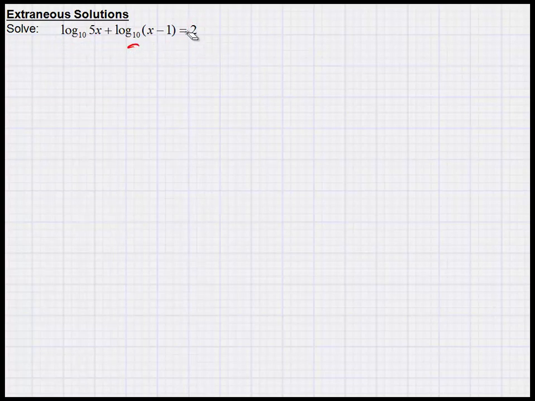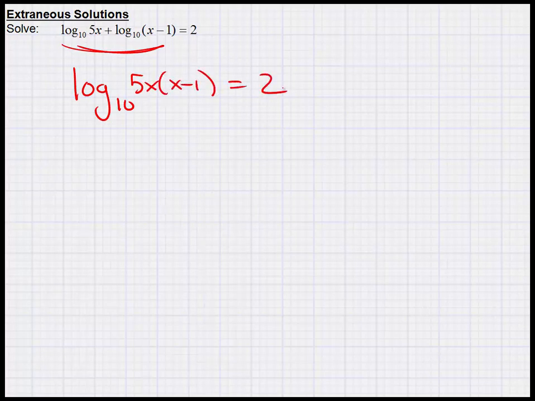So what I'm going to do here is write this side as log base 10 of 5x times x minus 1 equals 2. If they're added together, the things inside should be multiplied together. Now I've got it to the point where I have a single log equals something. The log is by itself.